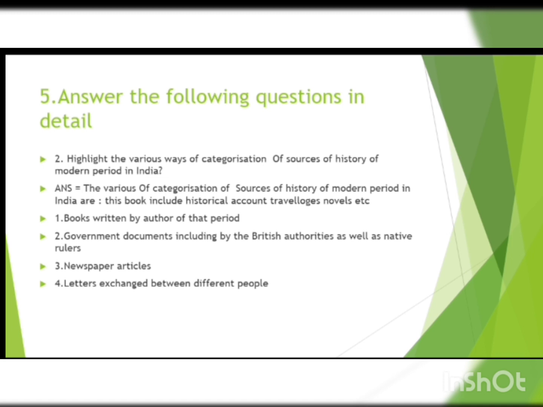Books include historical accounts, travelogues, novels, etc. First, books written by authors of that period. Second, government documents including those by the British authorities as well as native rulers. Third, newspaper articles. Fourth, letters exchanged between different people.